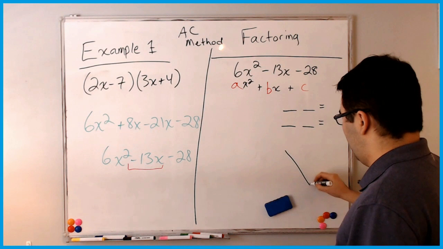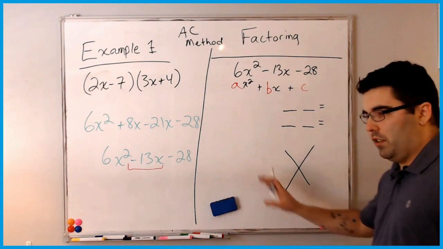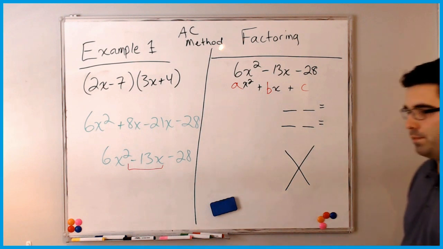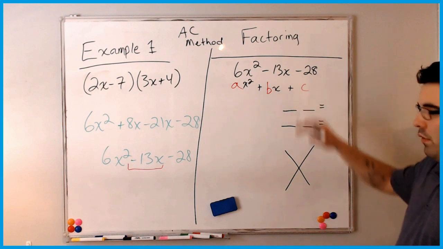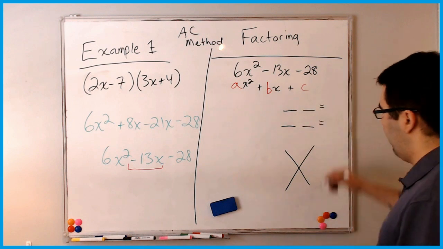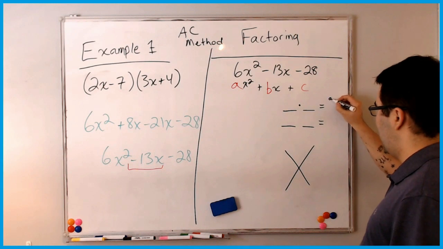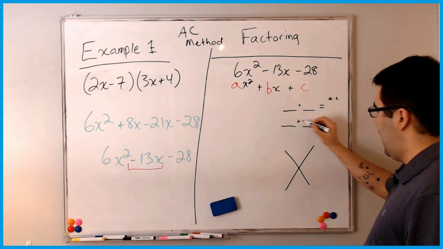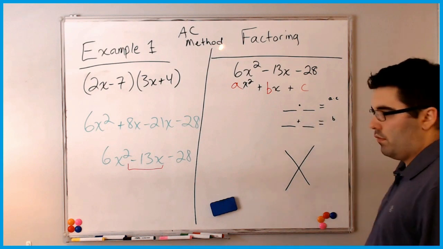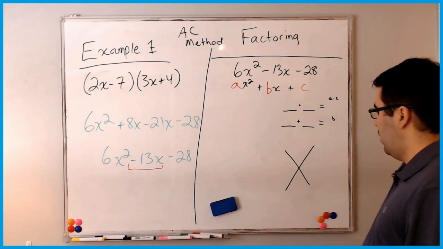Sometimes people want to do it this way, which is also fine. And I know right now you're thinking, what in the world is going on? It turns out that if I want to factor this, if I can find two numbers that multiply to give me A times C, and two numbers that add to give me B, I can figure it out.